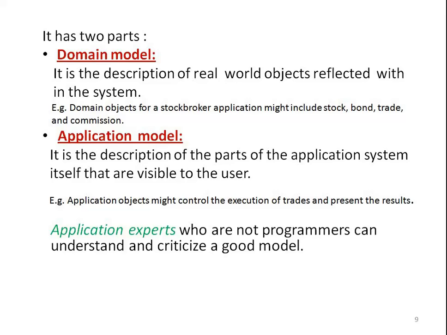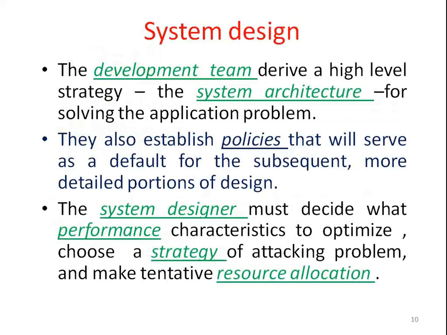So application experts who are not programmers can understand and criticize a good model. The next stage is the system design. The development team derives a high-level strategy, the system architecture, for solving the application problem.